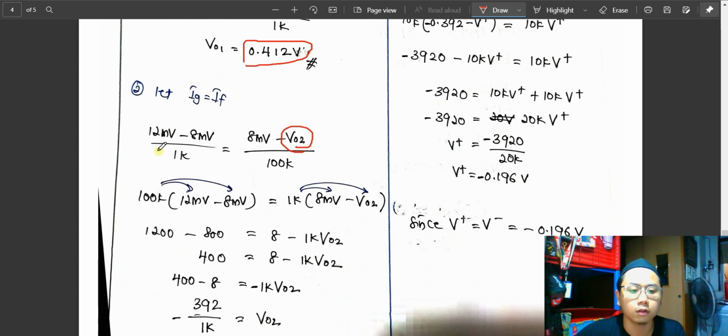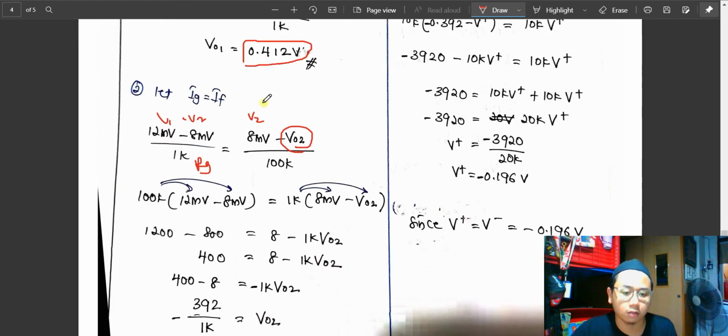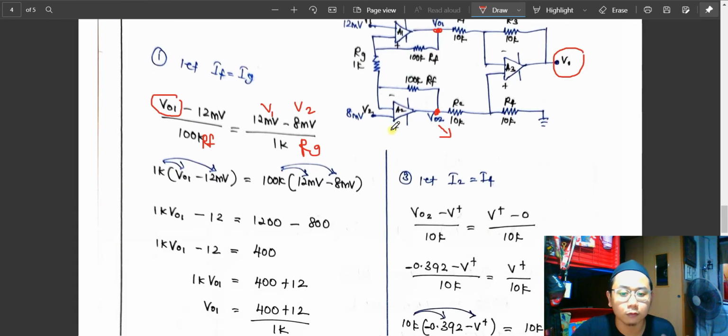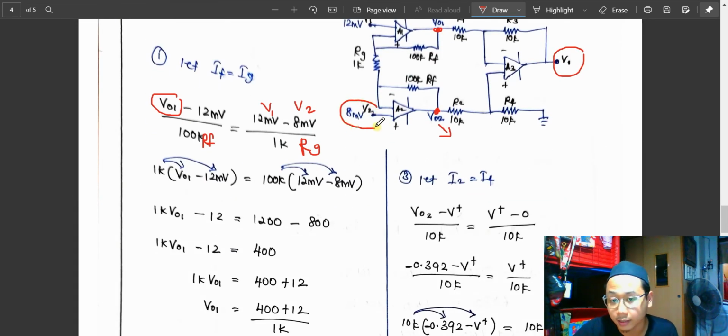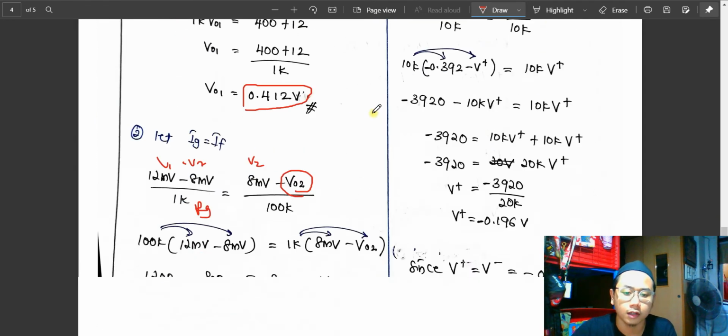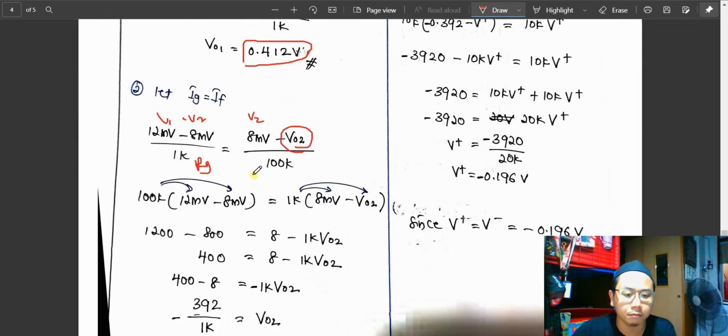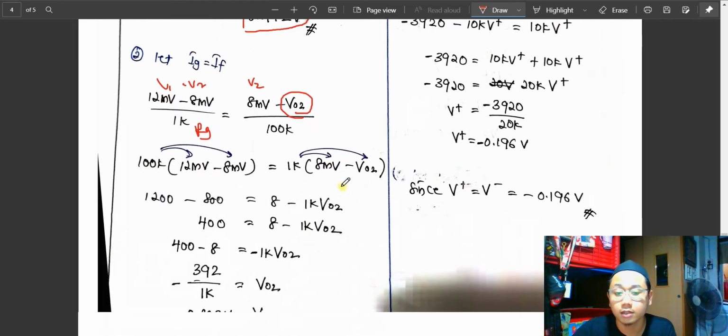So 12 millivolts minus 8 millivolts, which is V1 minus V2, over 1k, which is RG, equals 8 millivolts minus V out 2 over 100k. 8 millivolts is V2. We use V2 here because this amplifier is connected with this source, which is 8 millivolts V2, and we divide by 100k, which is RF.